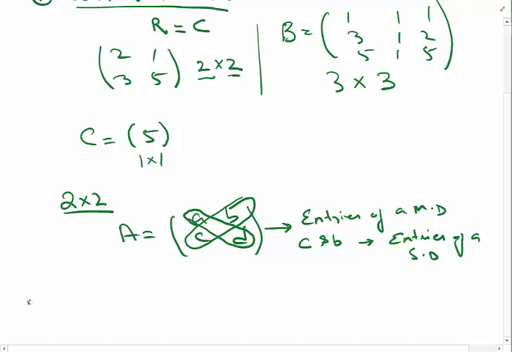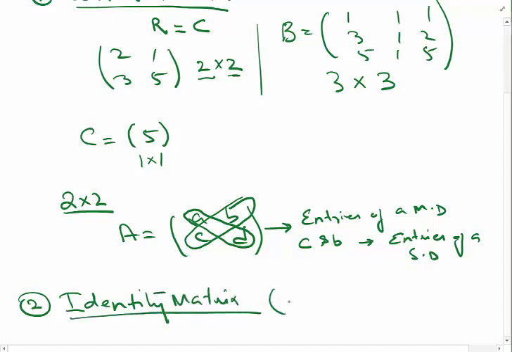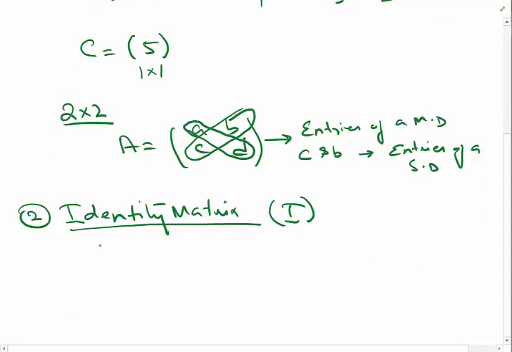Alright, so next type is the identity matrix. And we represent identity matrix by uppercase I. Alright, so what is the definition of identity matrix?